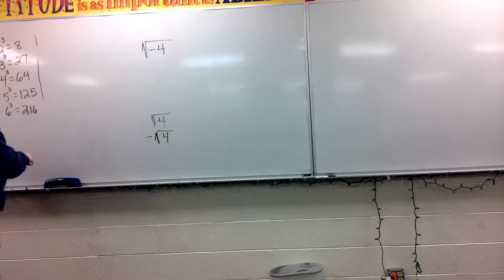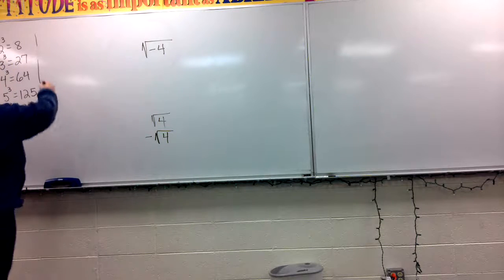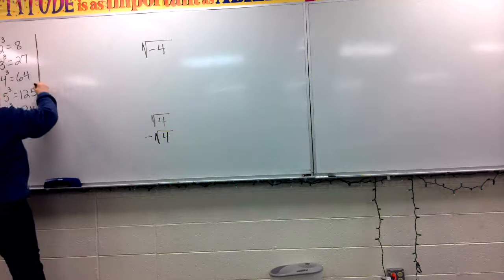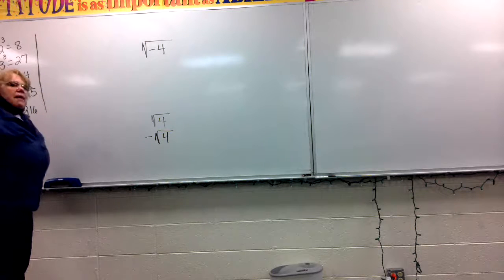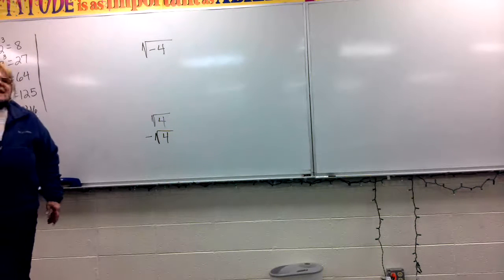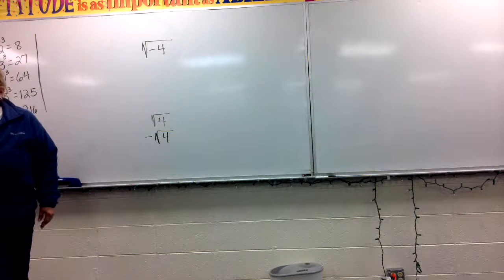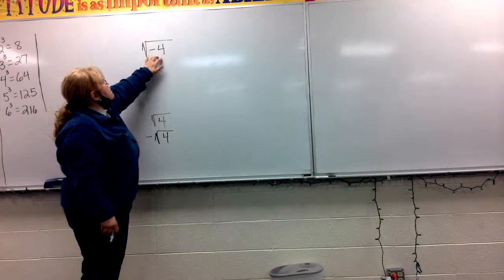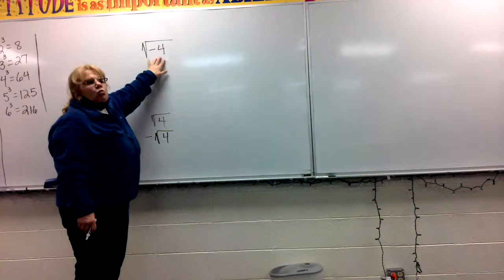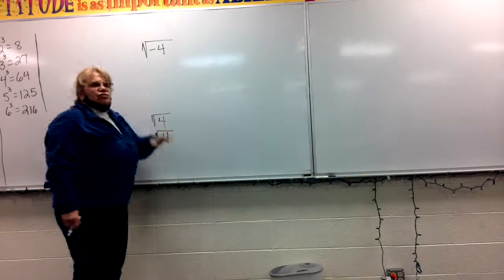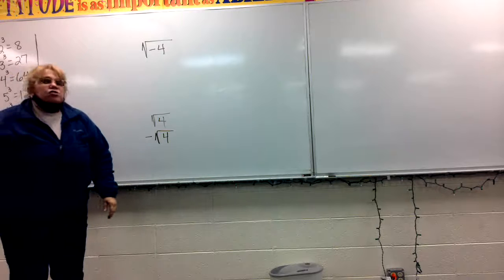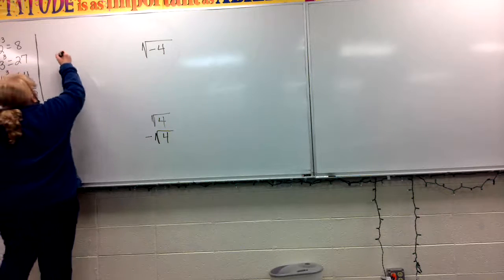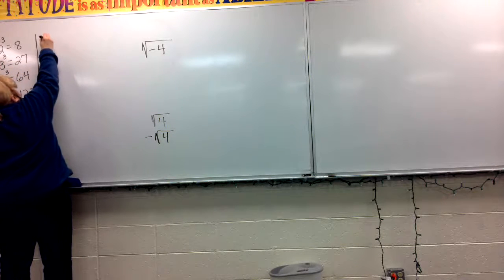Well, in the explanation that I just erased, it said that mathematicians sort of invented this value. They said, we're not content with not being able to do this. We're not content saying there's no solution to that. So they came up with this value.